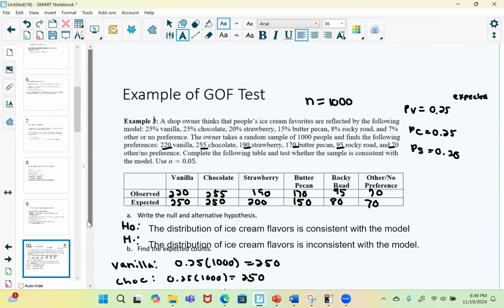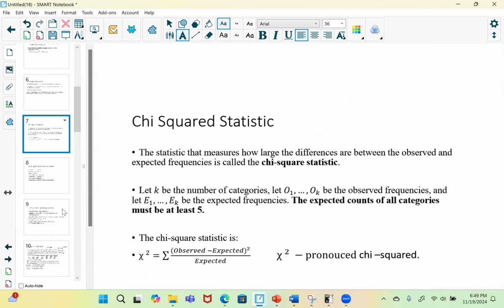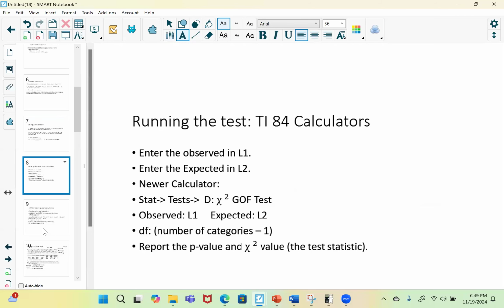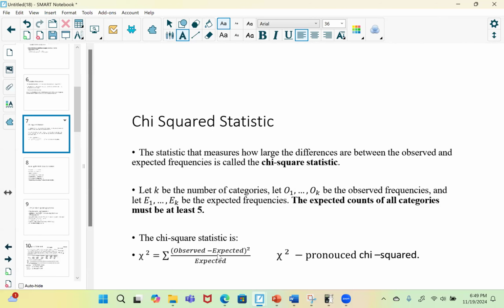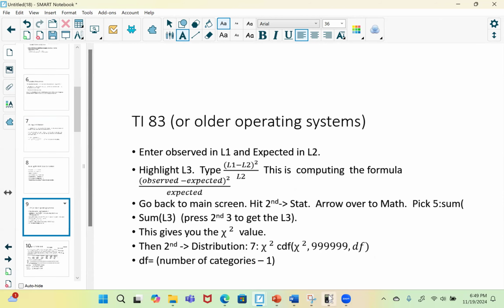Okay, then we're going to run the test. And if you don't have that command, it is a little bit harder. Okay, so you actually have to find the test statistic kind of by hand. And to make it a little bit easier than having to do this entire formula by hand, where you do observed minus expected squared divided by expected, we're going to do it in our calculator to help you out.